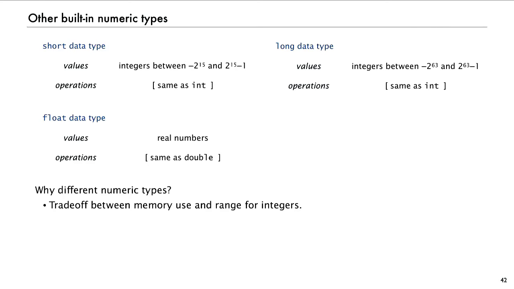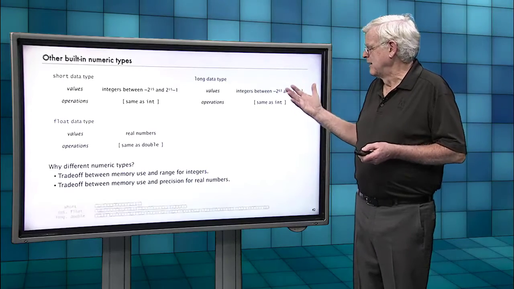And so the reason that we have different numeric types is that it's a trade-off between how many bits do we want to use to represent the number. And for integers, it's a straight trade-off, is what's the range. And for real numbers, it's how much precision do you want to get with the number. And I guess the range as well.